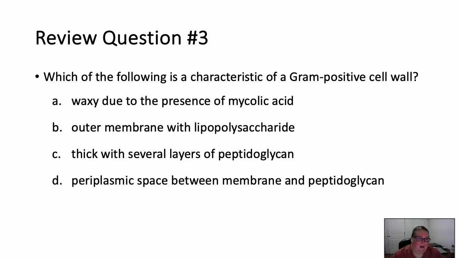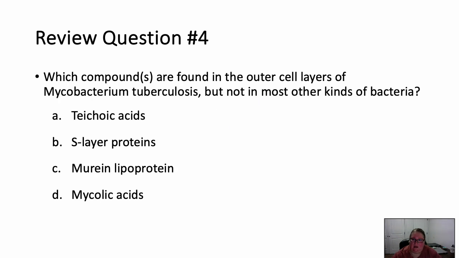If this was for a gram-negative, we'd have B, outer membrane of lipopolysaccharide, and D, the periplasmic space between membrane and peptidoglycan. If it was asking for a mycobacterium cell wall, it'd be A because of the mycolic acid. This is a good question to know in all its iterations.